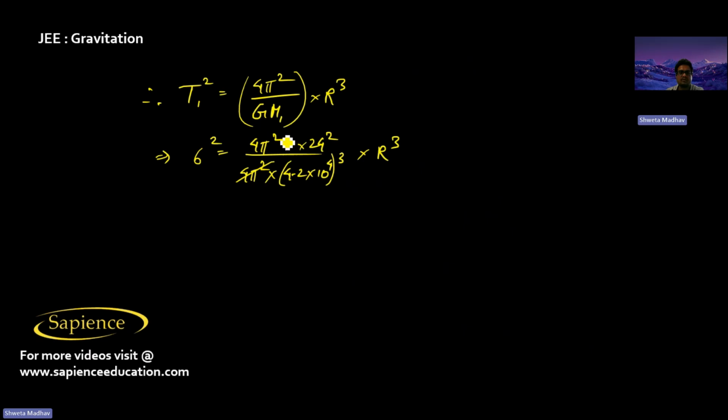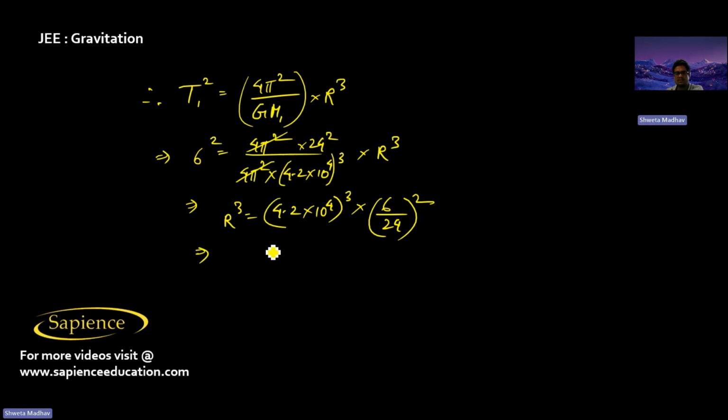So 4 pi square will get cancelled, and then R cube will be equal to 4.2 into 10 power 4 whole cube into 6 by 24 whole square, which will be 6 4 24, 4 16. So R cube will be equal to 4.2 into 10 power 4 whole cube by 16.